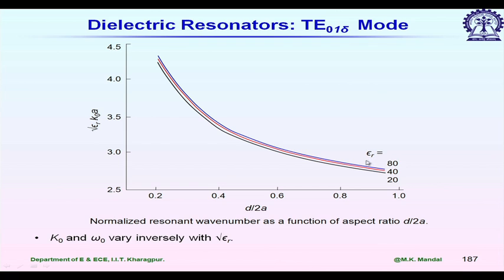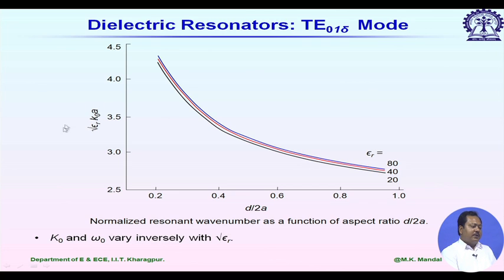In this particular graph we have three different values of epsilon r: 20, 40 and 80. The X axis represents the aspect ratio d by 2a, and the Y axis represents the normalized resonant wave number. Here k naught is 2 pi by lambda naught, and epsilon r is the dielectric constant of the material.